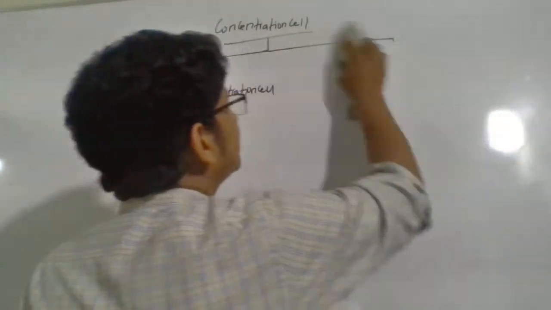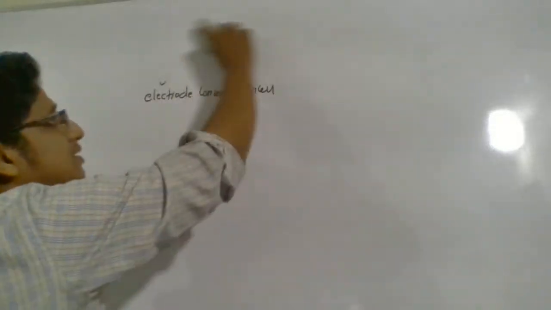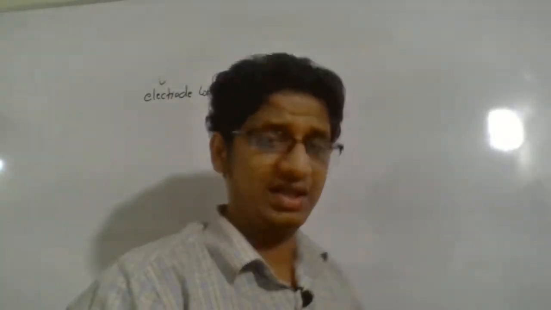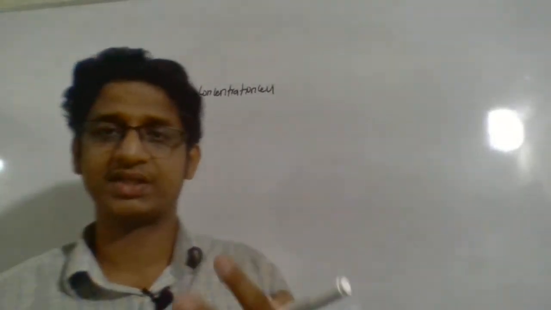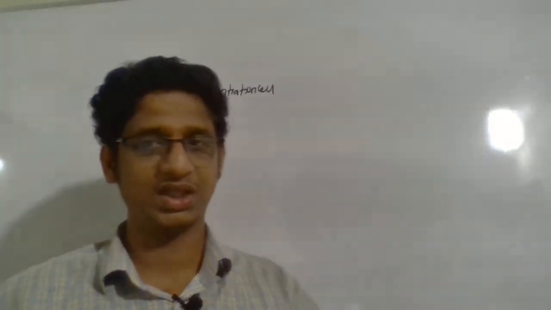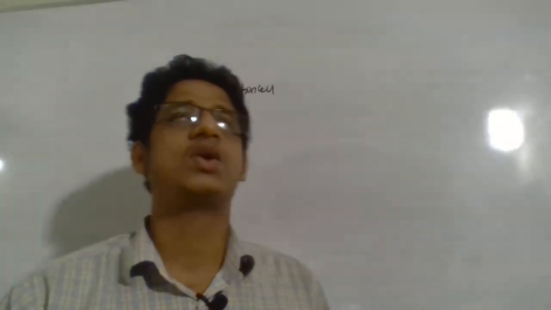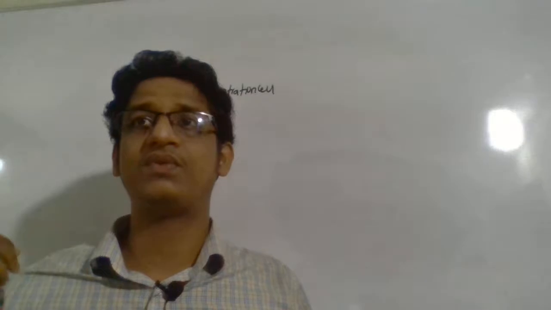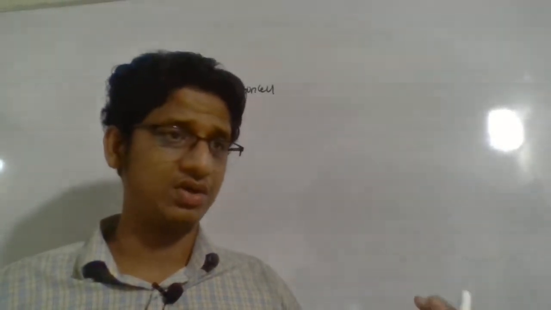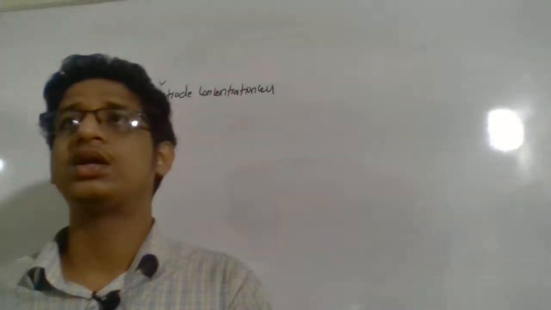In the electrode concentration cell, we are mainly talking about gas electrodes and amalgams, where the metal has a different concentration. Generally, we take the concentration of a metal as unity, so there is no point in changing the concentration of metals here. So in an electrode concentration cell, we are discussing gas electrodes.